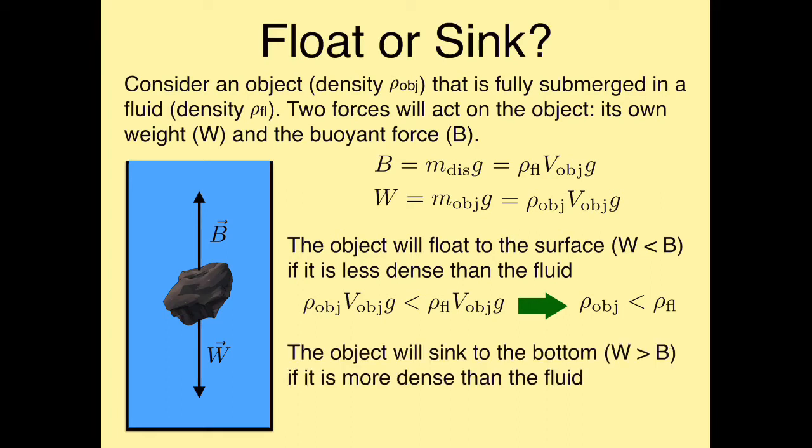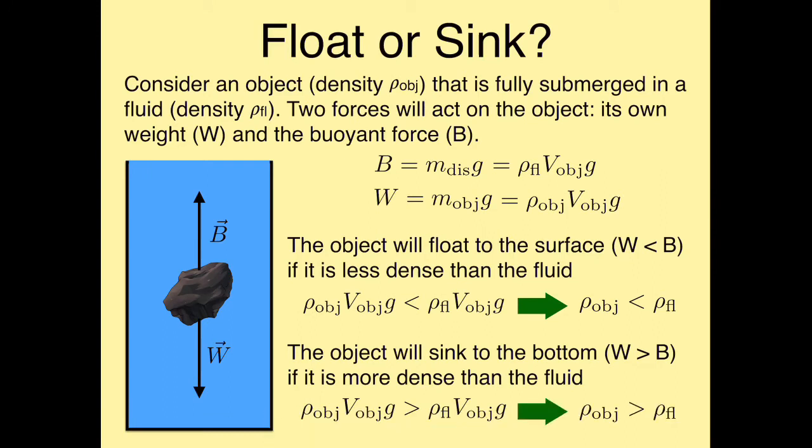On the other hand, the object is going to sink to the bottom if the weight is greater than the buoyant force. So if W is bigger than B, then it sinks to the bottom. So let's figure out what happens in that case. We just flip the sign to say that the density of the object times the volume of the object times G is greater than the density of the fluid times the volume of the object times G. And then again, cancel out the volume and G on both sides.